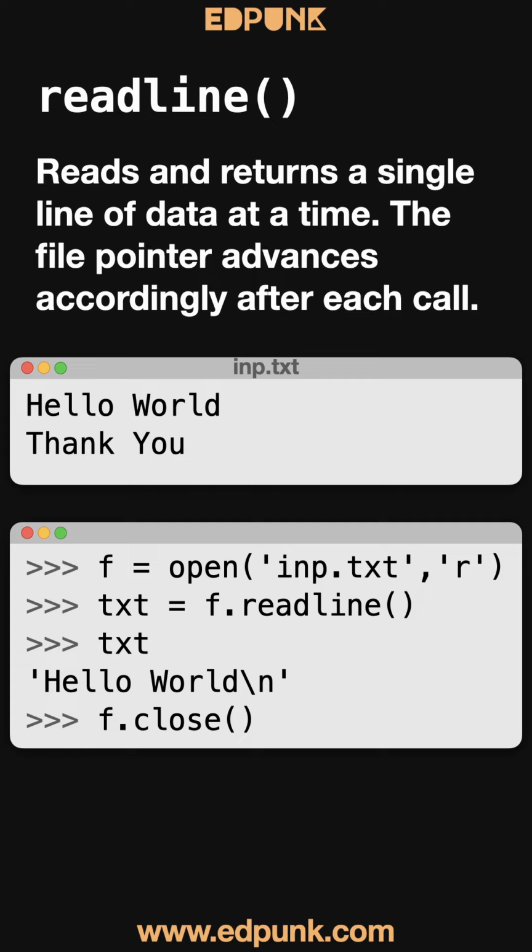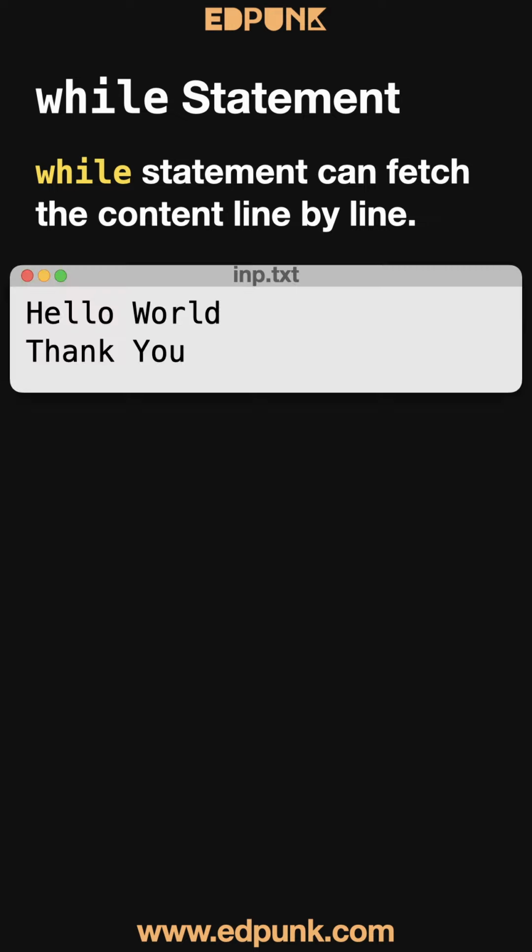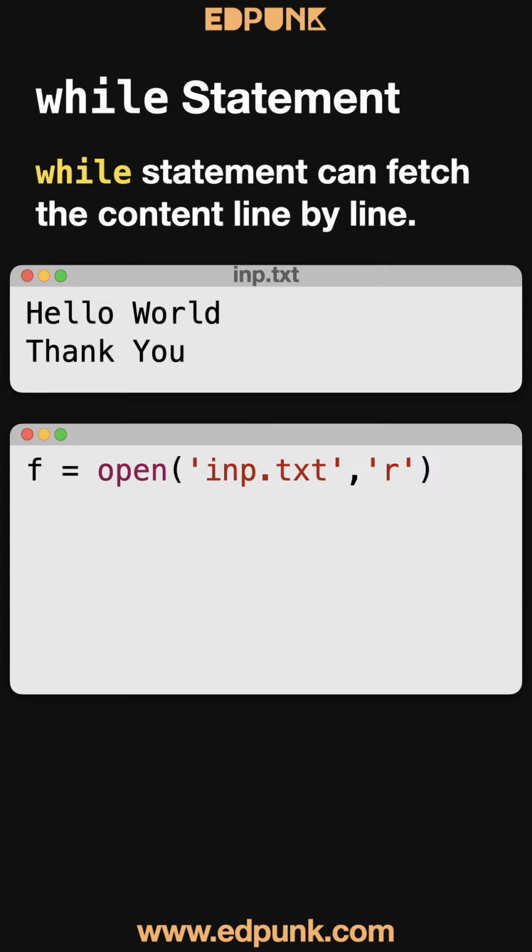Since readline returns a single line at a time, it can be used in a while statement to iterate over the data line by line. Once it reaches the end of the file, it returns an empty string, the boolean state of which is false. Let us take the same file inp.txt and open the file in read mode and assign the file object to f.